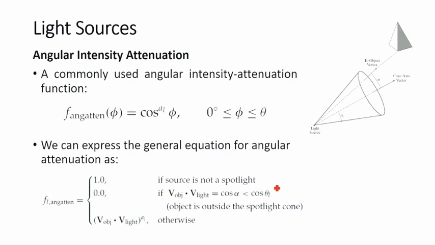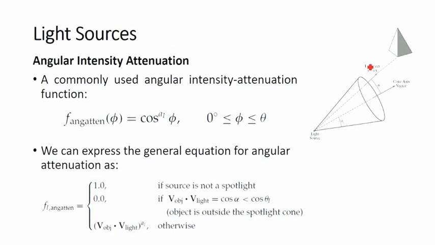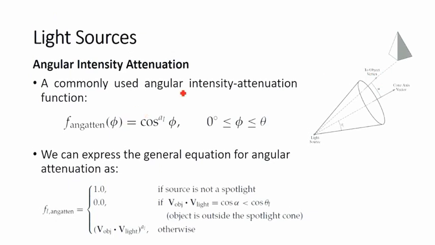So guys, now if I take alpha alone as the controlling property for the attenuation, I might tend to lose control over it. So what I will do is model my angular intensity attenuation as cos of phi. Let us say in this equation I have taken the angle as phi.